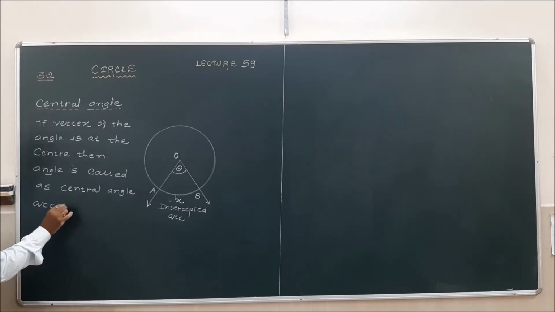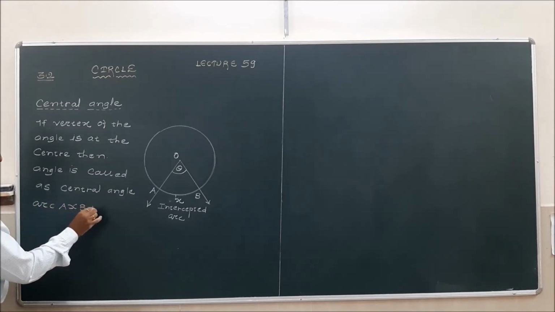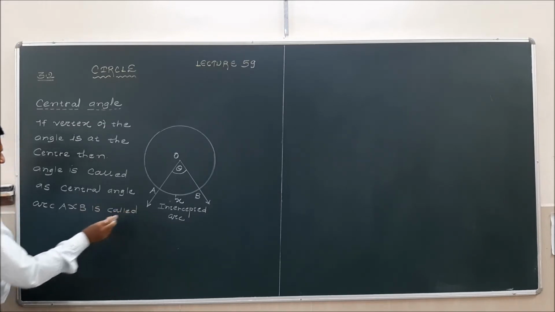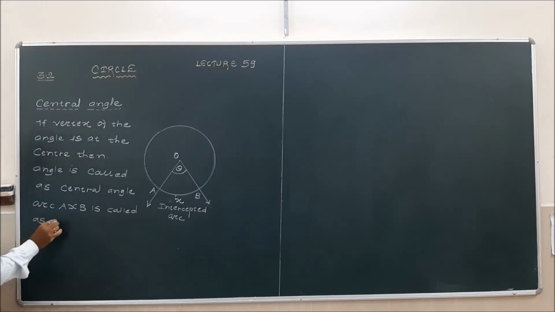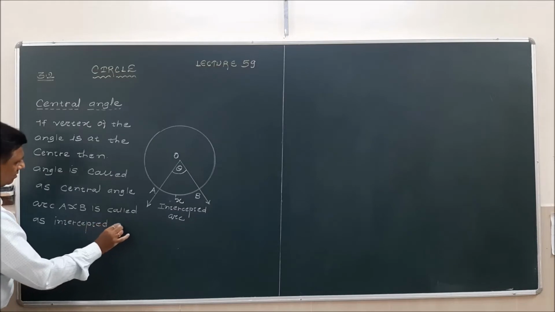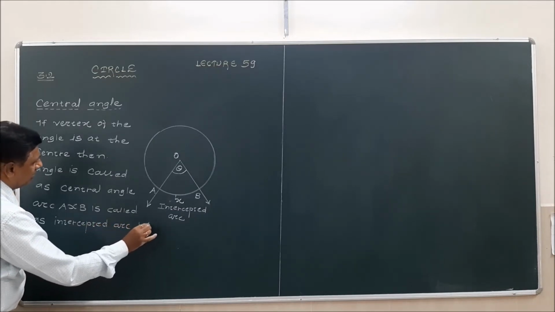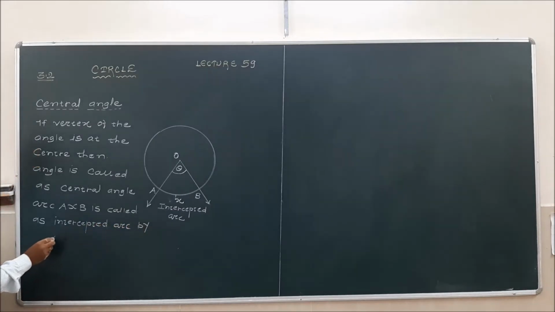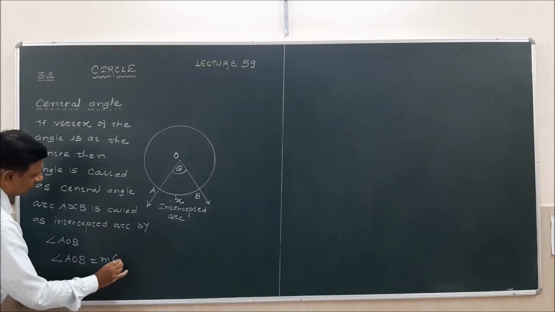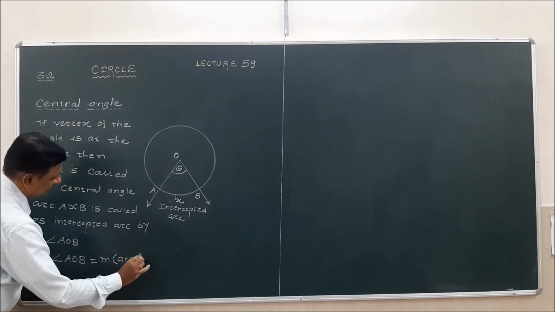Arc AXB is called the intercepted arc by angle AOB. Angle AOB is equal to the measure of arc AXB.